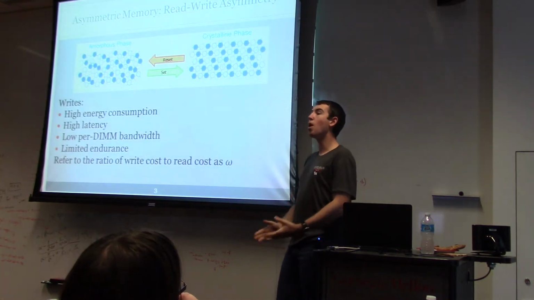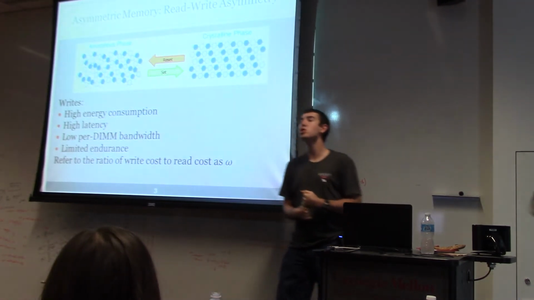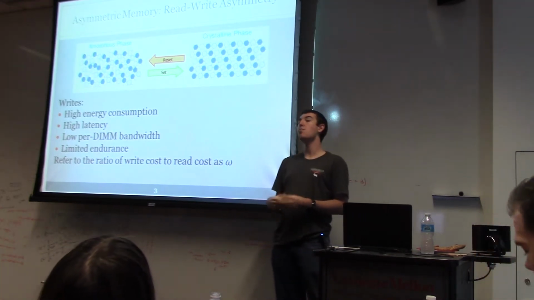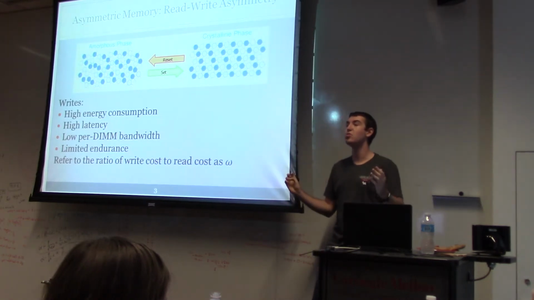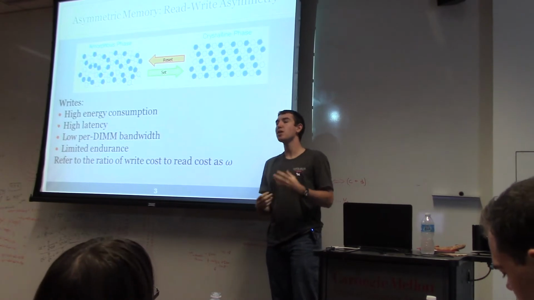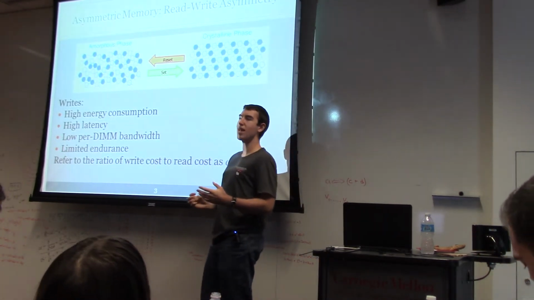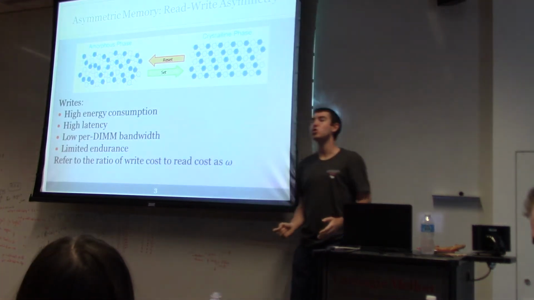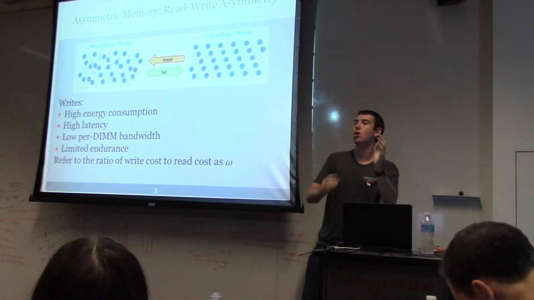But it does have one really interesting property from a theorist's perspective, and that's the asymmetry between reads and writes. Writes take a lot more time, energy, bandwidth, you name it, than reads do in this memory technology. To read something out of this system, you put some voltage across it and then read the current. If it's in one state, it's got a high resistance, so you read a low amount of current.